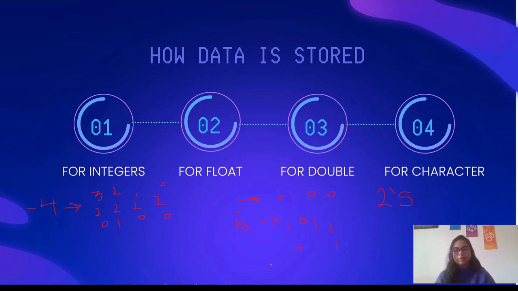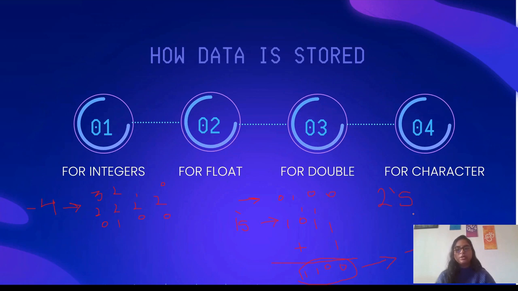This is how we do the addition of binary digits: 1 plus 1 is 0, carry 1. Then 1 plus 1 is again 0, carry 1. Then 1 plus 0 is 1, and then 1. So this is 1, 1, 0, 0. This is the binary representation of minus 4 after calculating the 2's complement.